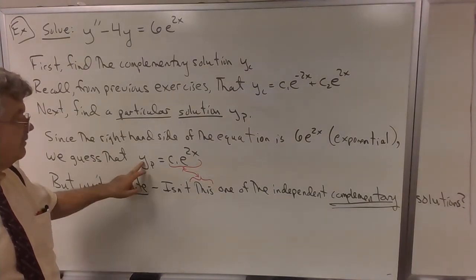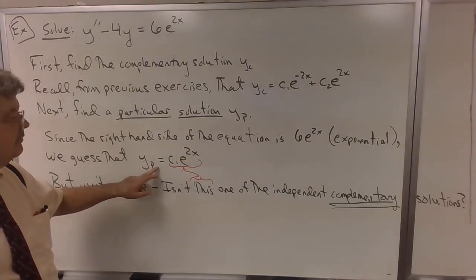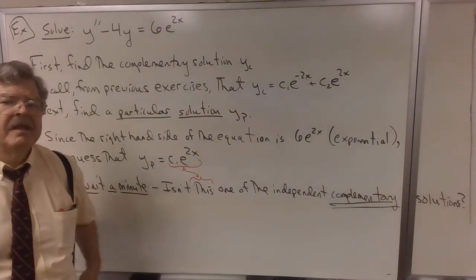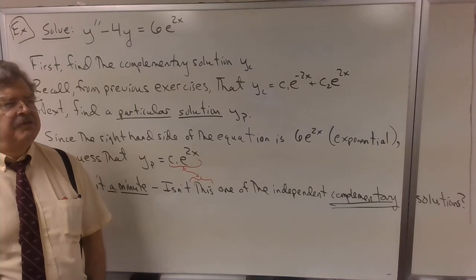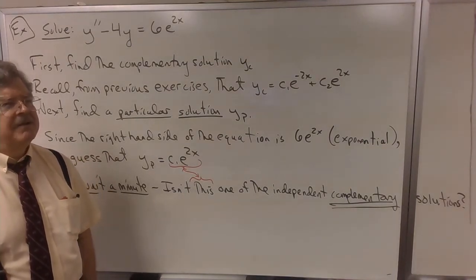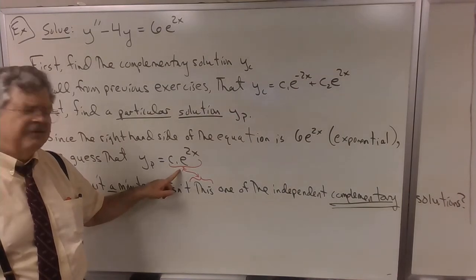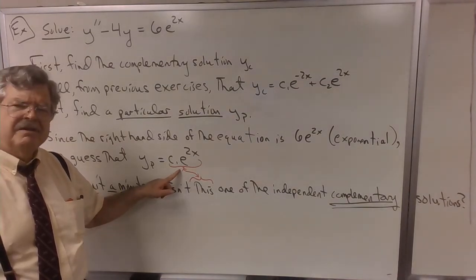Now, I was right to conjecture that my particular solution is some constant times e to the 2x.